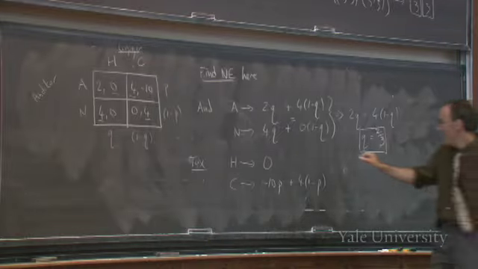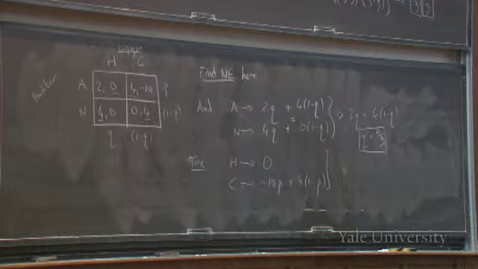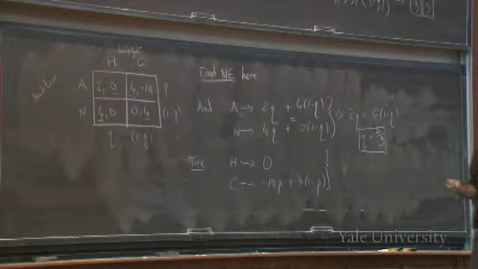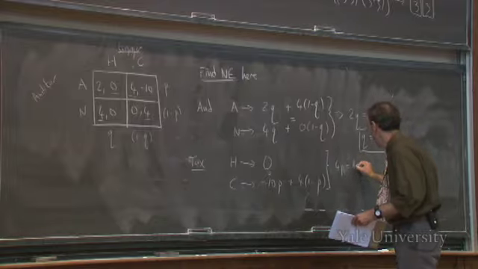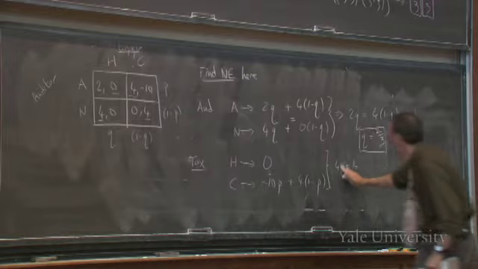All right? And if indeed the taxpayers are mixing, or in other words saying that not all taxpayers are cheating and not all taxpayers are honestly paying their taxes, then these must be equal. So if these are equal, I'm going to get 4 equals 14P.